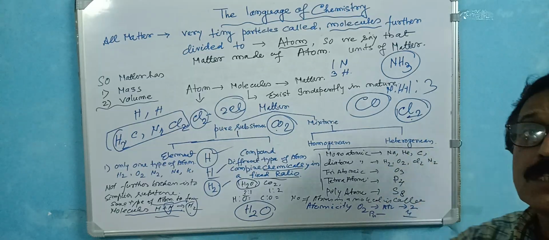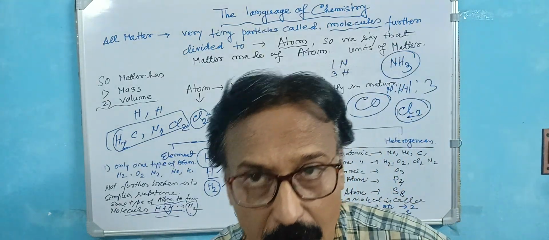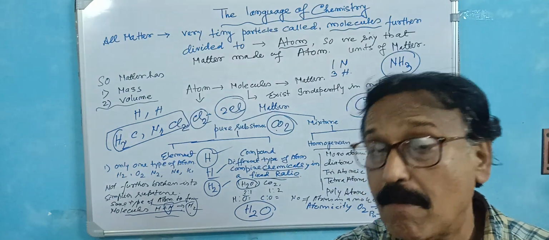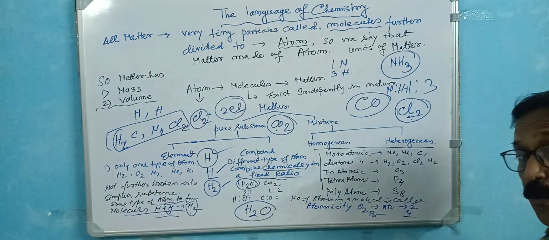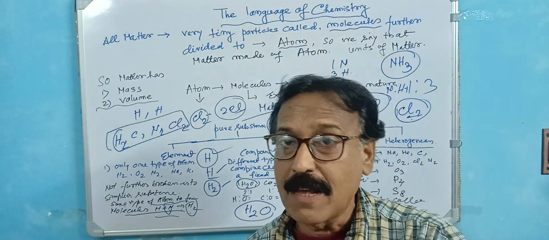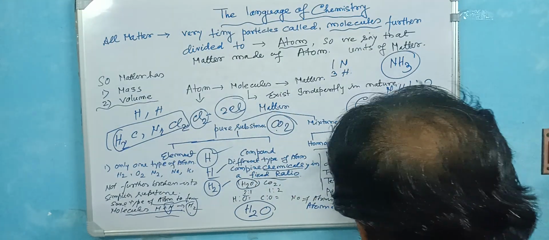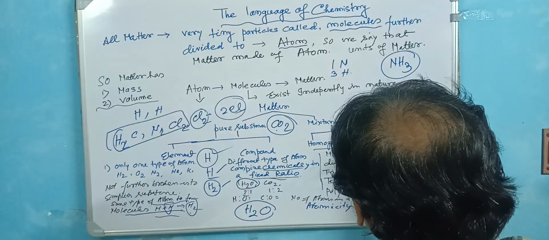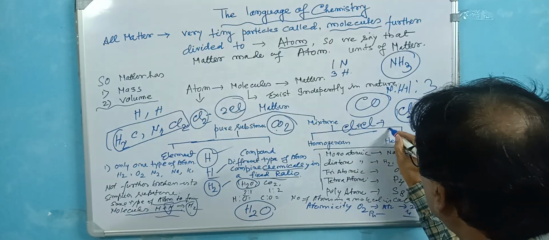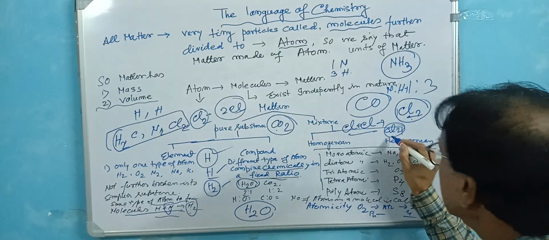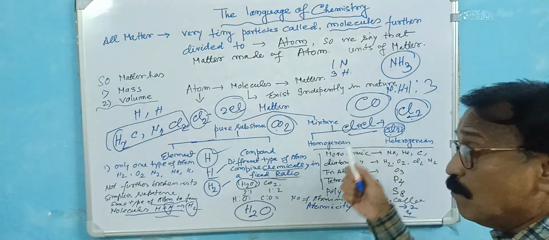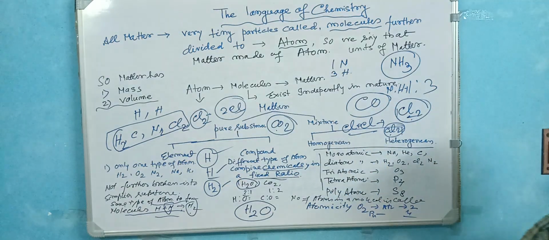One chlorine molecule contains 2 atoms, chemically combined. When molecules are formed, this is also chemical combination. Suppose here Cl and Cl, they are chemically combined to form Cl2. This is the molecule. These are atoms chemically combined.